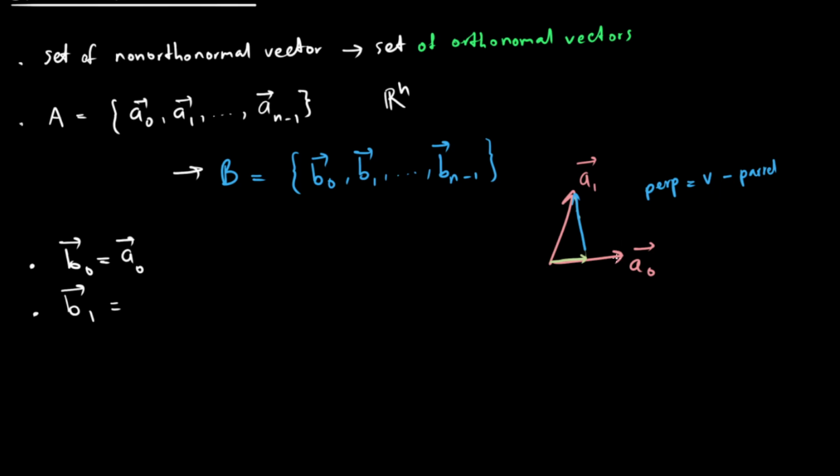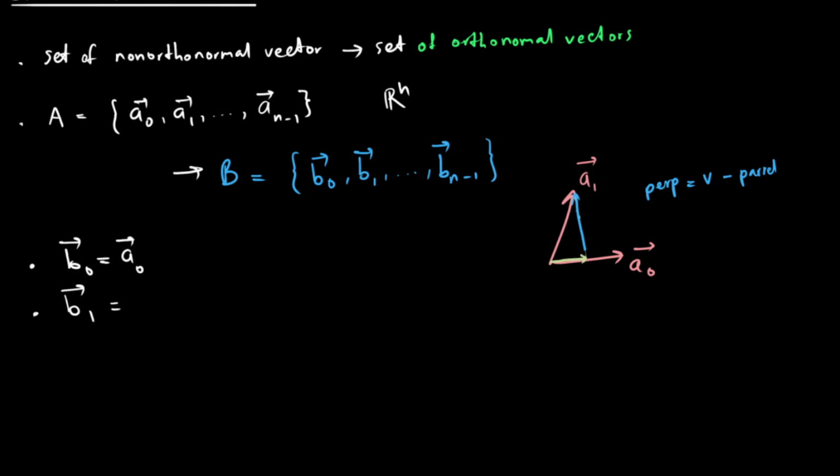So the perpendicular component equals the vector subtract the parallel component. It's not parallel to A1 but parallel to A0, parallel to the base. So we get a vector perpendicular to A0. Okay, A1. So B1 is the blue vector.